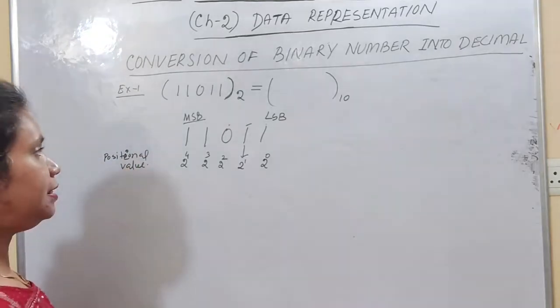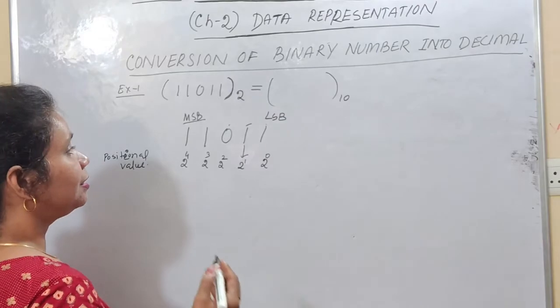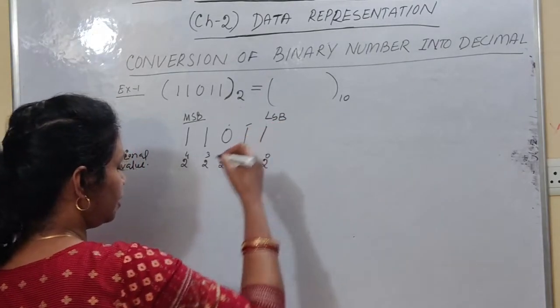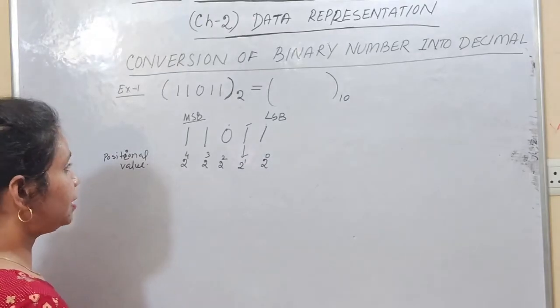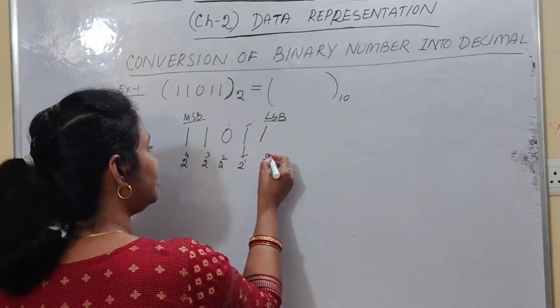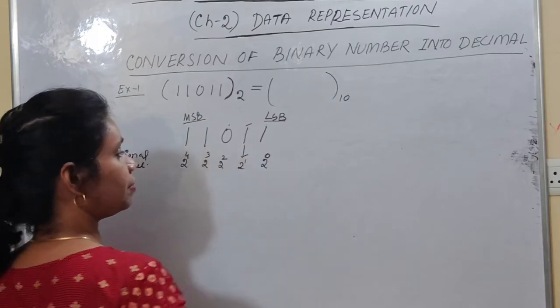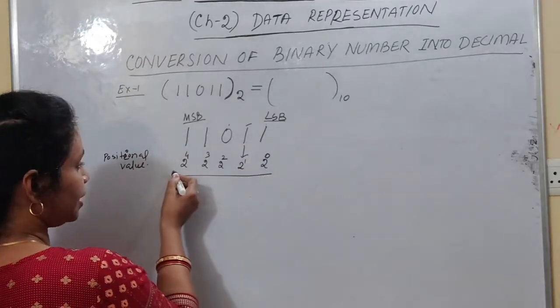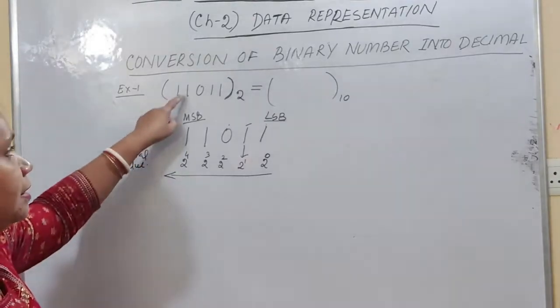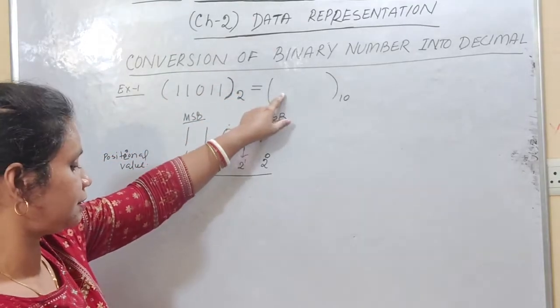So in binary number system, each bit carries a certain weight based on its relative LSB. LSB means least significant bit that contains the weight 2 to the power 0, and you have to move from right to left. Is it clear?